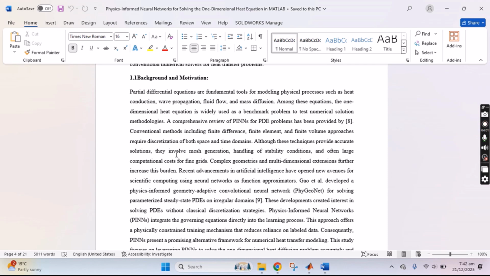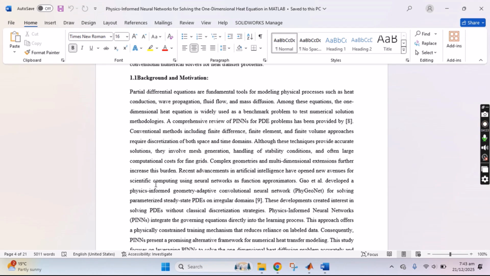Although these techniques provide accurate solutions, they involve mesh generation, handling of stability conditions, and often large computational costs for fine grids. Complex geometries and multidimensional extensions further increase this burden as well.